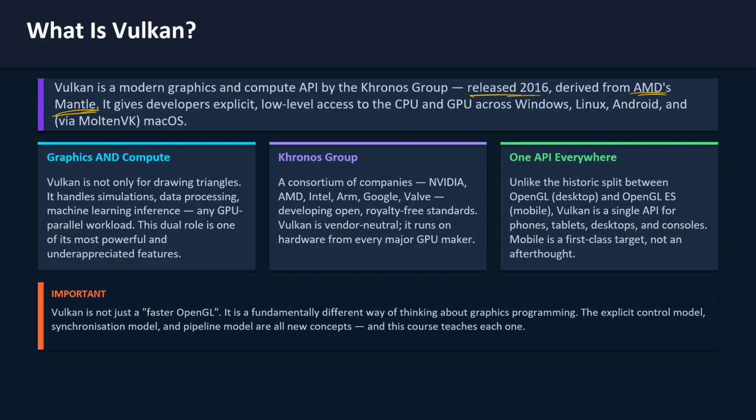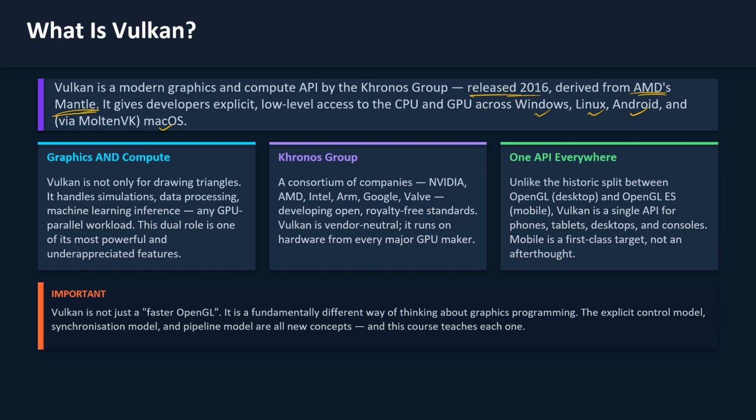Now, Vulkan is truly a very scalable graphics and compute API, because it works across CPUs and GPUs on Windows, Linux, Android, and even macOS.